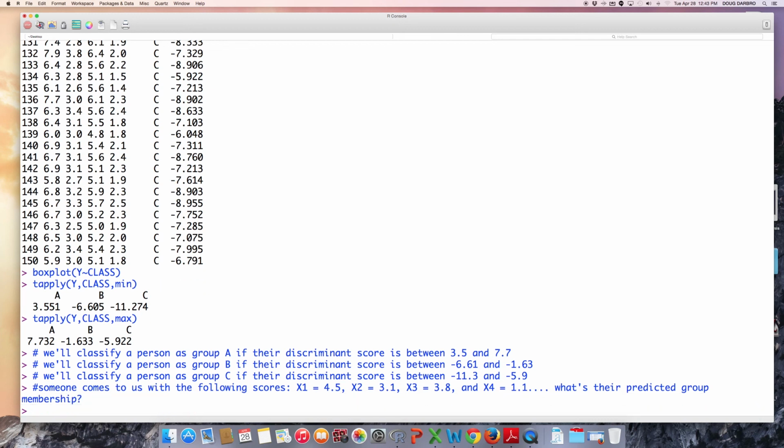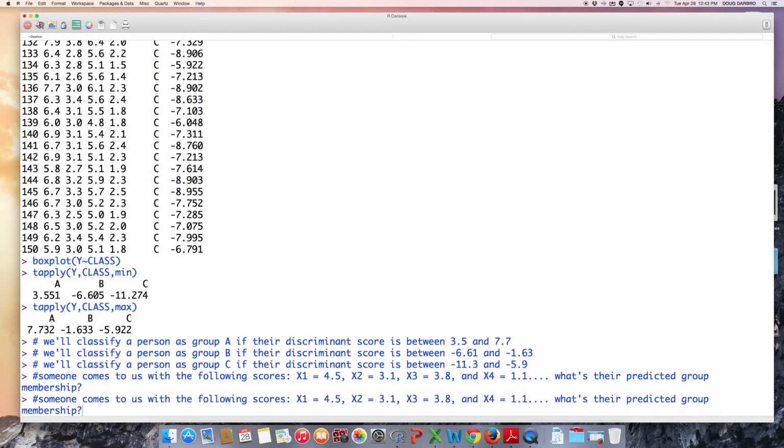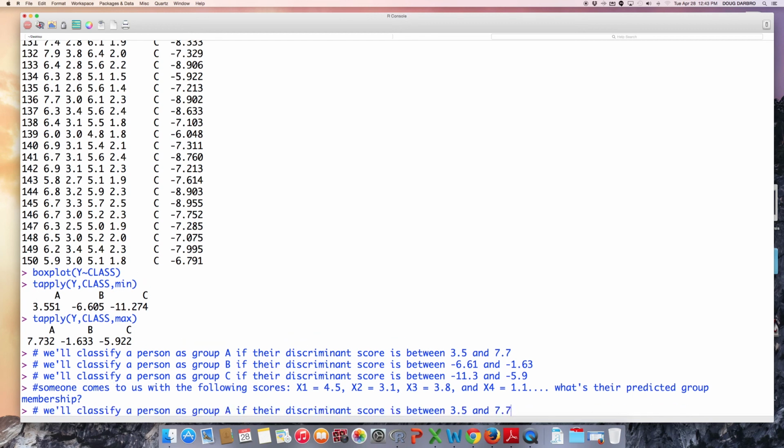Well, guys, as you would expect, what we will do is go up here and put in their information. I'm just going to do this as Y new. So their X1 score is 4.5. Their X2 score is 3.1.